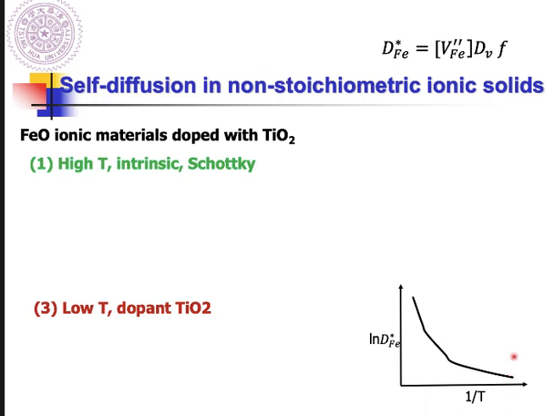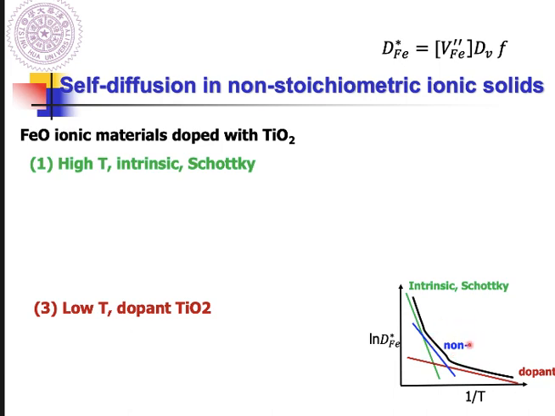And after fitting, you can fit it with three straight lines with three different slopes. At the high temperature regime, as you learned before, the intrinsic Schottky defect formation dominates, and at the low temperature the dopant dominates, and in between, the non-stoichiometry effect dominates.